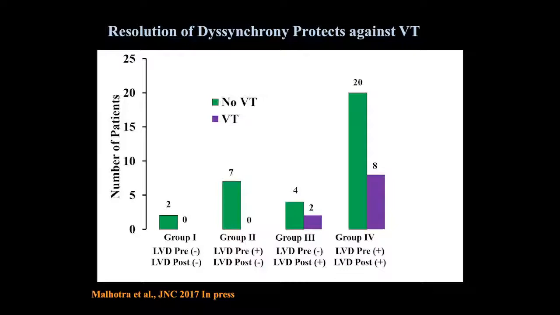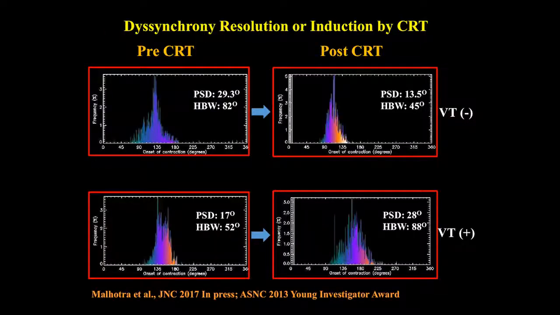So very profound data, small but very profound, suggesting that the anti-arrhythmogenic effect of CRT is probably from reduction of dyssynchrony. And it can be pro-arrhythmic as well. If you induce dyssynchrony with CRT, it can be pro-arrhythmic too.